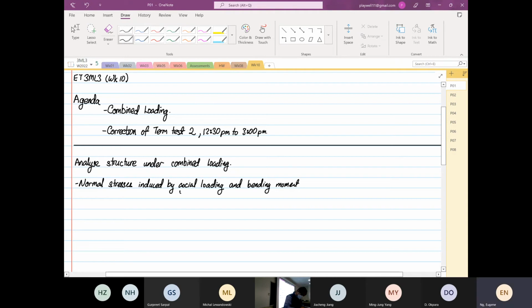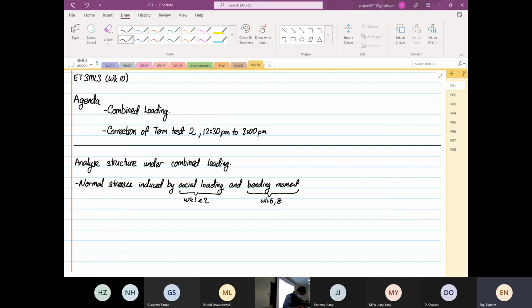Axial loading, we studied in week 1 and week 2. Bending moment, we studied in, I think, week 6 and week 8. Week 7 was reading week, right?